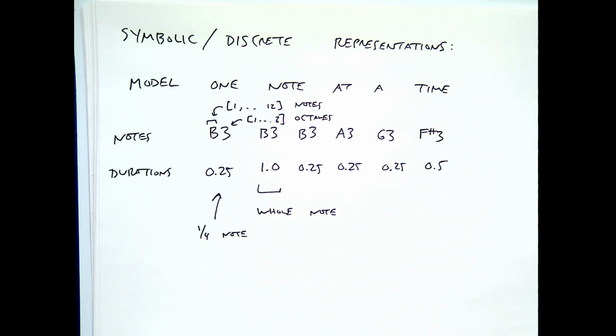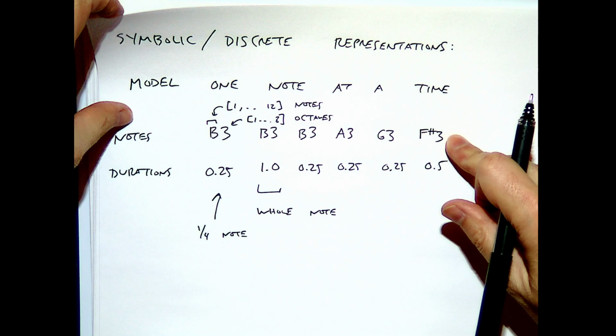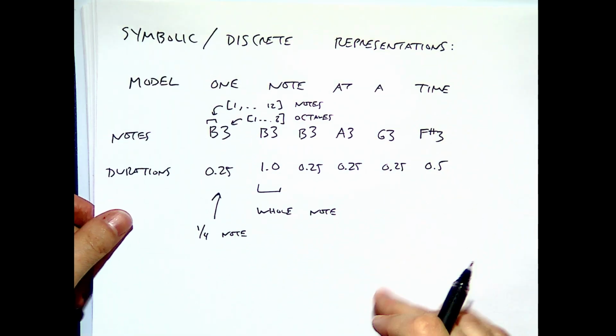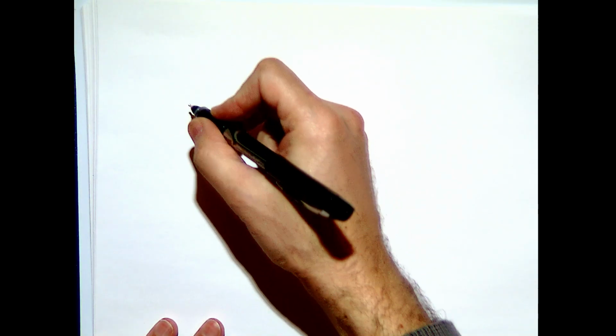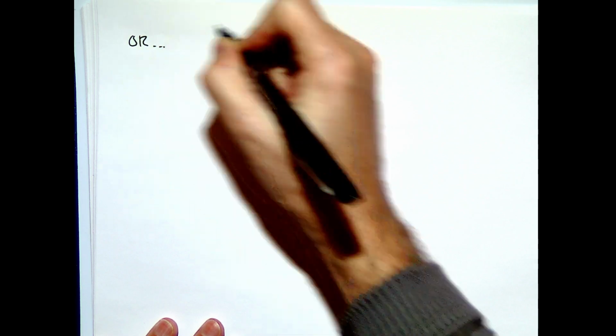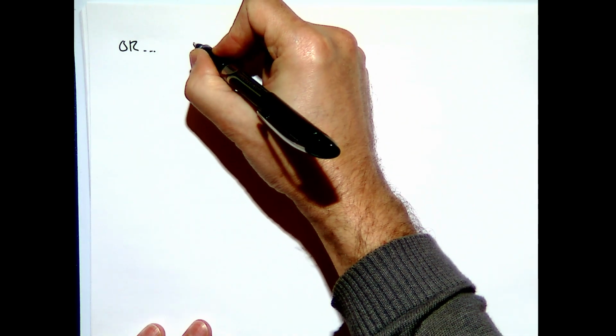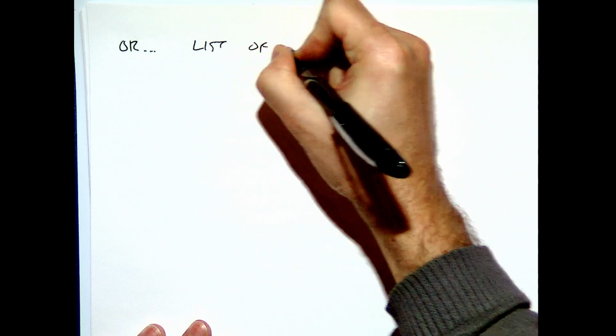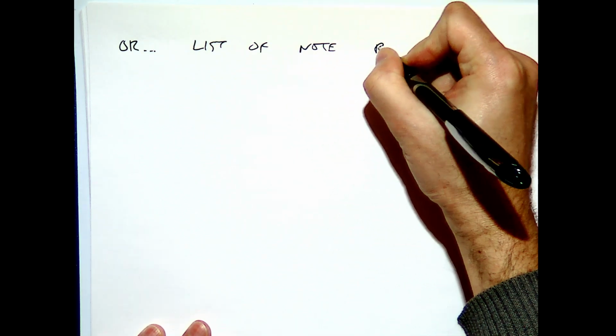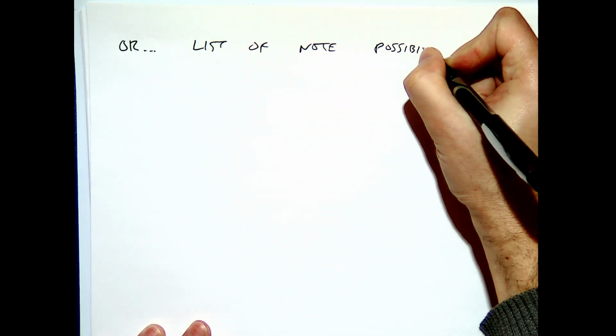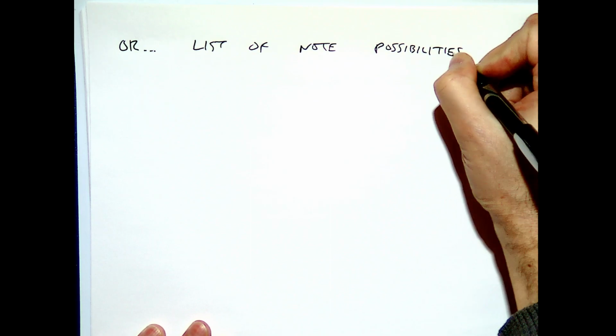Another way of thinking about how I could model these discrete notes is, instead of directly specifying durations, I could say, again, I have a whole bunch of possibilities here. So another way I could think about this is to have a list of note possibilities, which is like the different octaves of the notes.